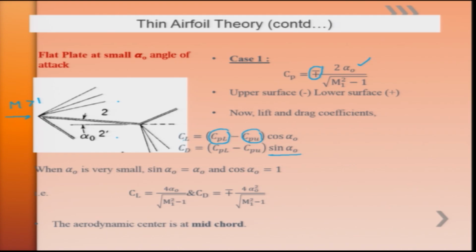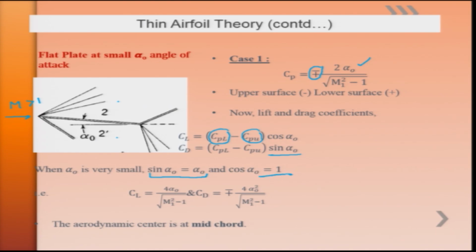That is, I can write down Cl is equal to (Cpl minus Cpu) cos alpha naught, and Cd can be written as (Cpl minus Cpu) sin alpha naught. Now, since our approximation is that the inclinations are also small, when alpha naught is small, sin alpha naught becomes alpha naught, whereas cos alpha naught is equated to 1.